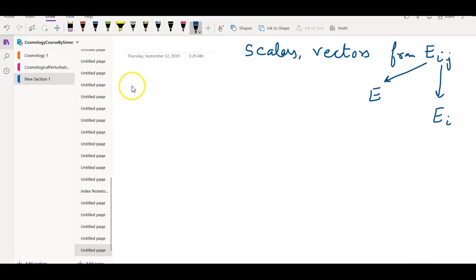Fourier expansion of Ei will be done like this. And this is again just a convention.